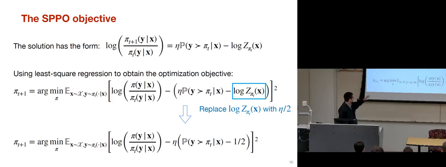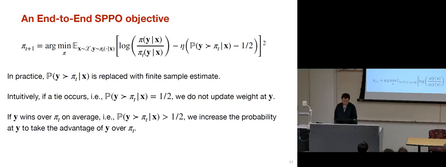And you can see that in this optimization problem, this exploitation can be replaced by, for example, just a sample from the underlying distribution. And the only term that we need to estimate is that probability. But this probability can be estimated using some pairwise reward models.